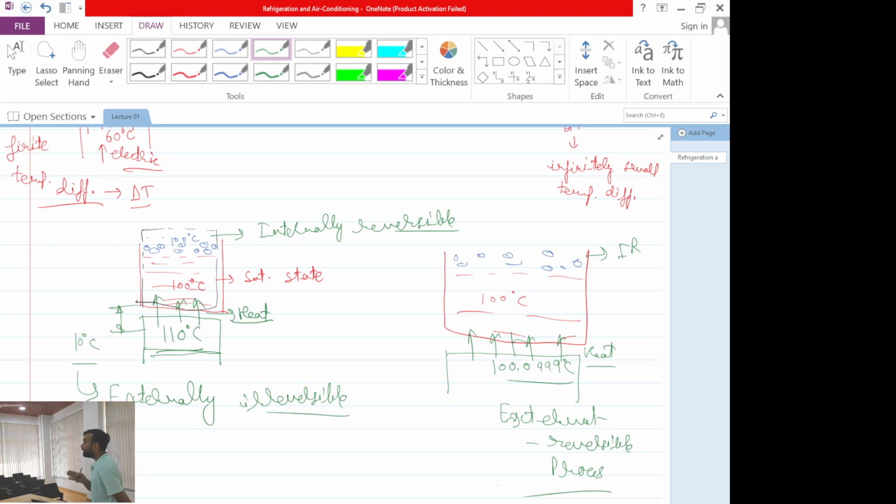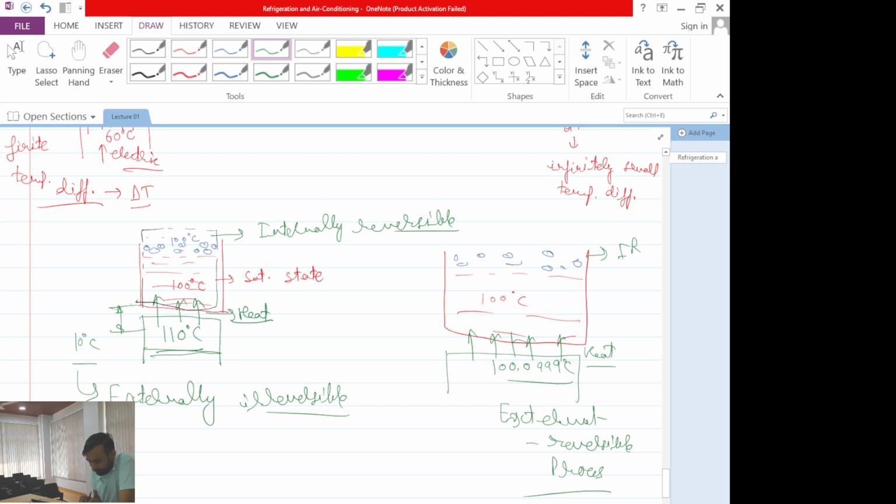Whereas internally reversible cycles are idealizations of the practical cycles, which are basically possible cycles. One important difference you have to note: we will later find that the total reversible cycles are practically impossible.